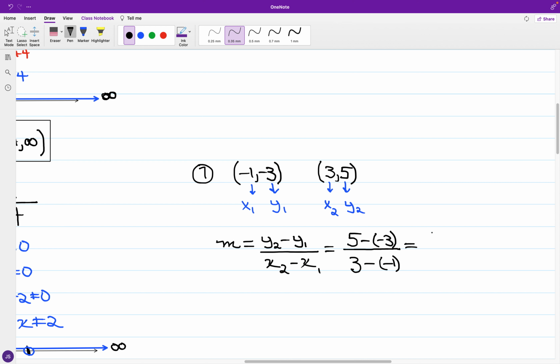So in both the numerator and denominator, I have the subtraction of negatives. So 5 plus 3 is 8, and 3 plus 1 is 4. And 8 over 4 is equal to 2.